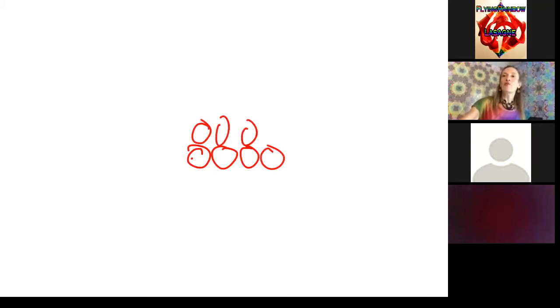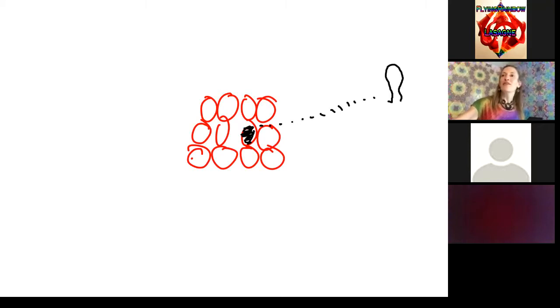And I'm going to the whiteboard so I can draw a little something. So in the cells of your retina, like if these are all little cells that are all together, the way that you're able to perceive light is if a little photon comes along and stimulates this cell, and that cell then sends a signal to your brain that says, hey, there was a little tiny bit of light that just came onto me.